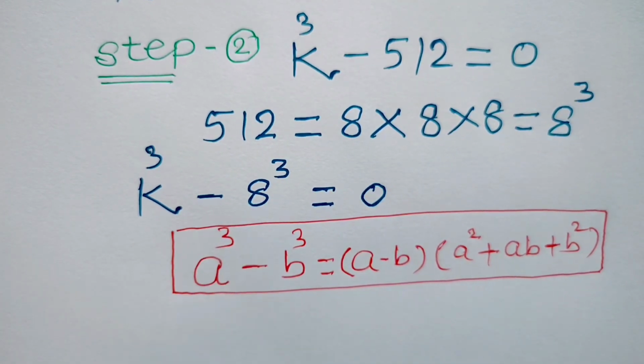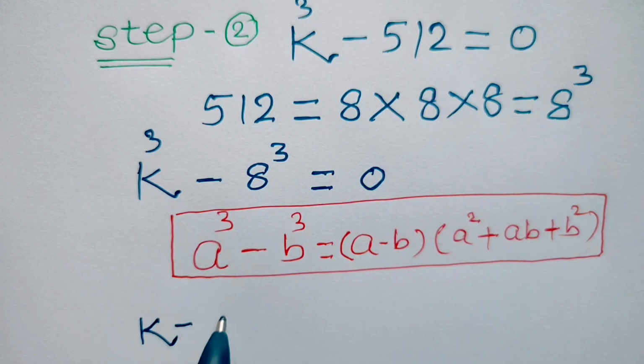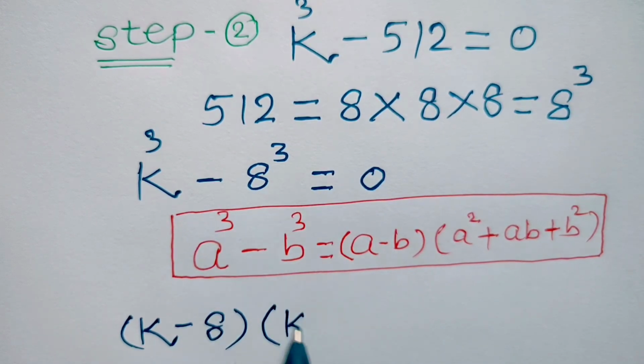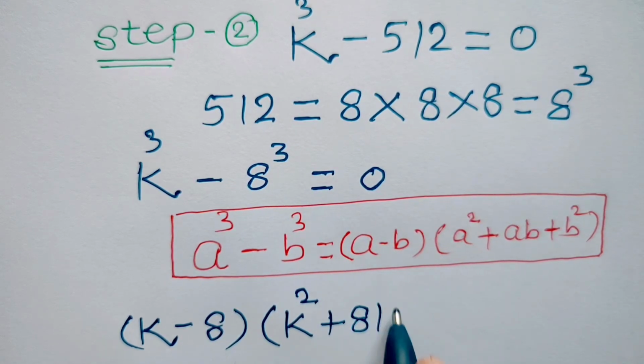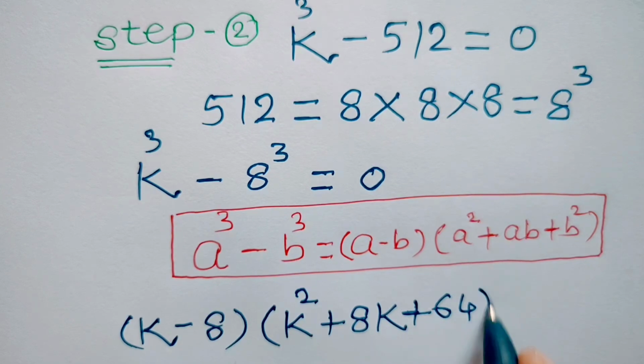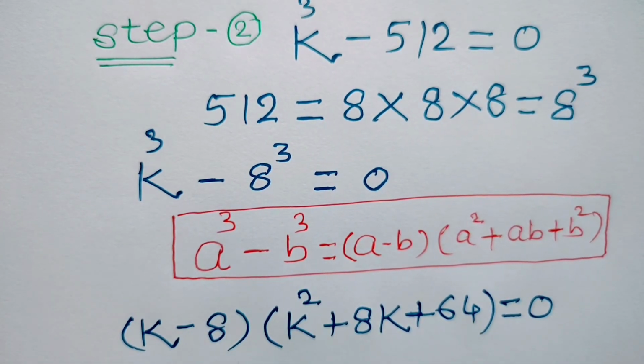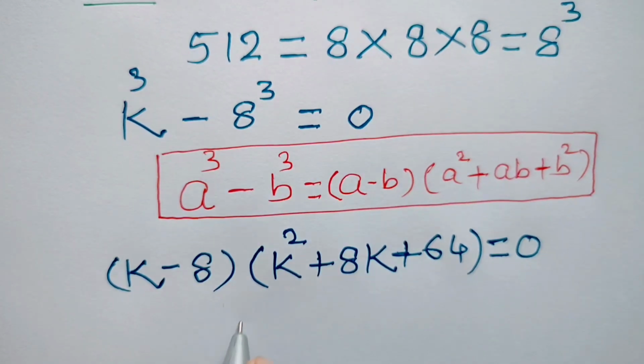Hence k cube minus 8 cube can be written as k minus 8 into k square plus 8k plus 64 is equal to 0. But we know a into b is equal to 0.